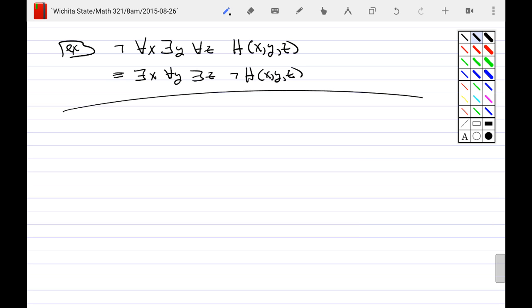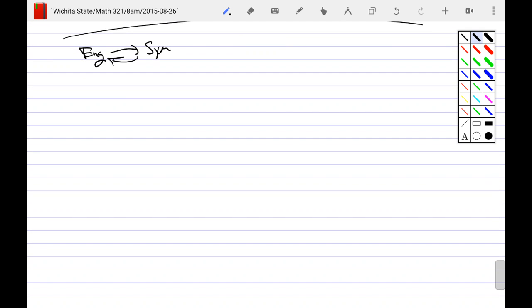All right. Some problems with how do we go from language into symbols and then back? Well, if somebody says all, what are they really saying? Universal quantifier. If they say some, they mean existential quantifier. If you have a word like all, then somehow we are going to have a universal quantifier of something.